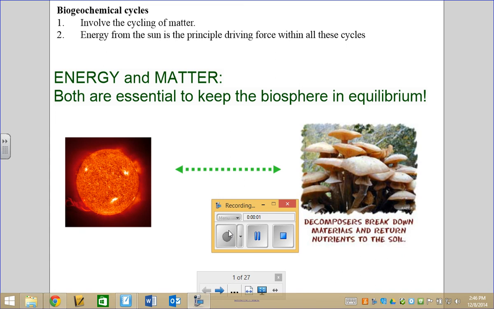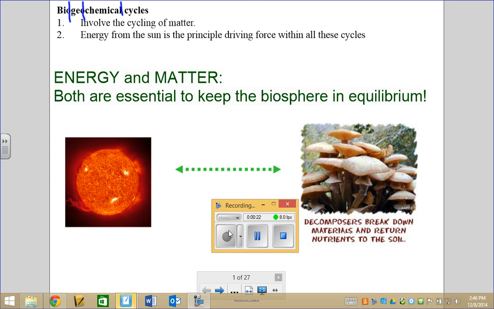So our goal for the next several classes is going to be to talk about different cycles of matter that are important on our planet. We're calling them biogeochemical cycles because of a few things.